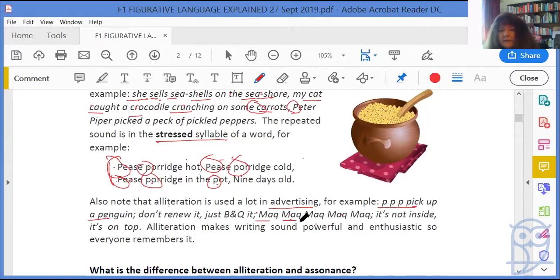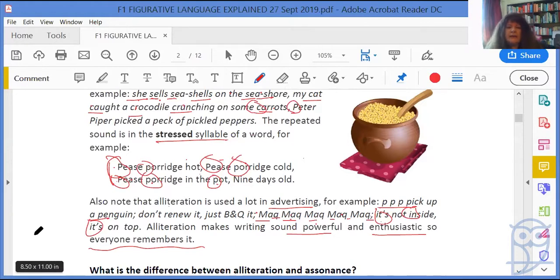You've got your M sound and your Q sound. Again, that's more assonance because it's not inside, it's on top. Okay, I'm sure you can think of lots of examples that are a bit newer than these ones. Alliteration makes writing sound powerful and enthusiastic, and that's how everyone remembers it. People thinking up rhymes, jingles, they're going to use alliteration or they're going to use assonance.